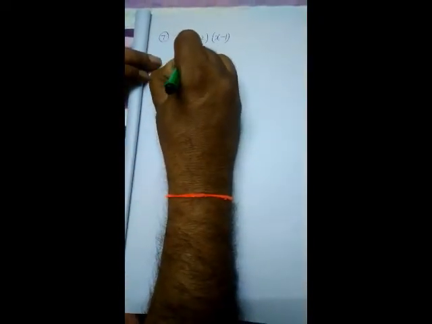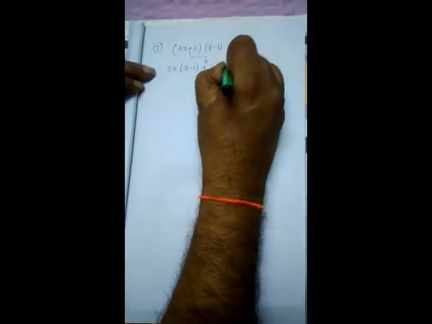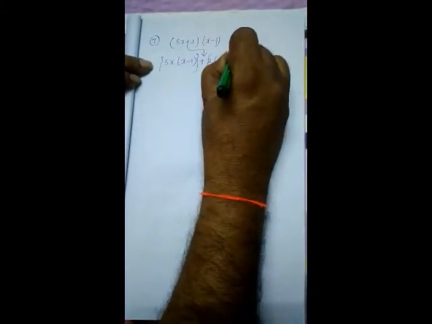One more example, find the product. 5X plus 2 into X minus 1. 5X into X minus 1 plus 2 into X minus 1, keep curly brackets.